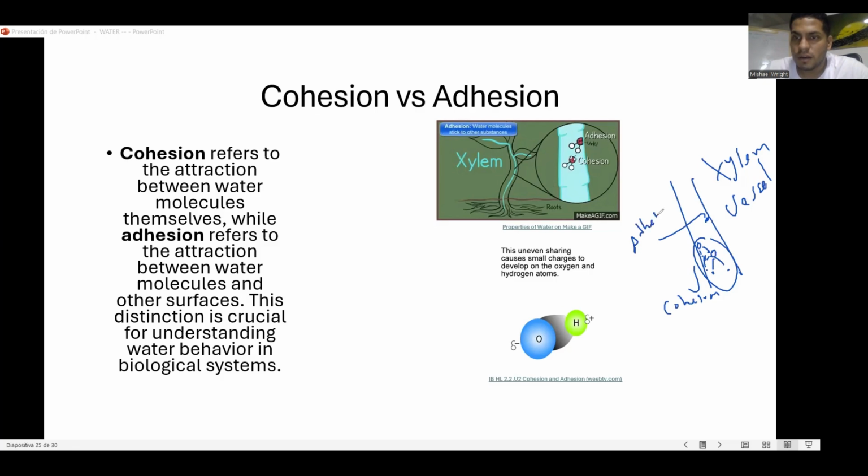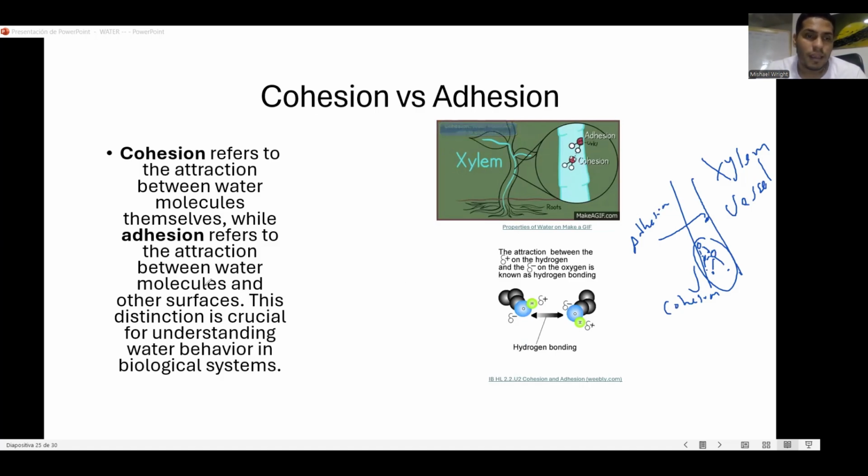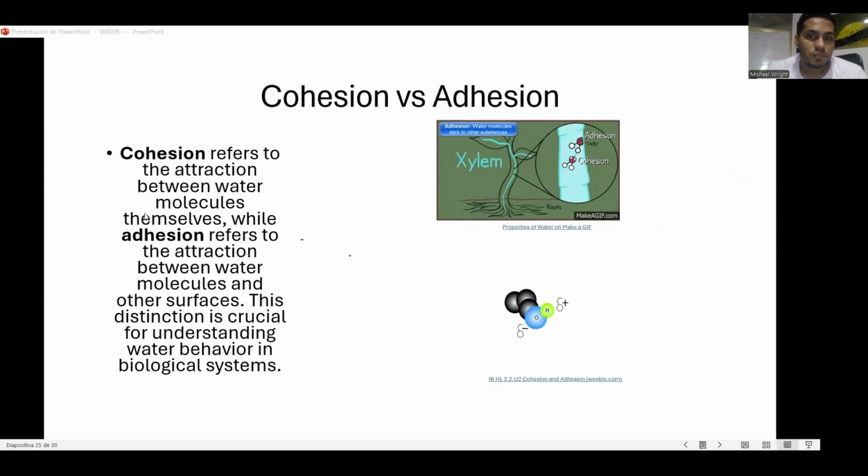It is really important to comprehend that adhesion requires an external body, or substance, or surface. But cohesion is between molecules, intermolecularly speaking.